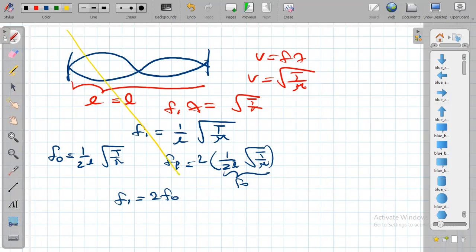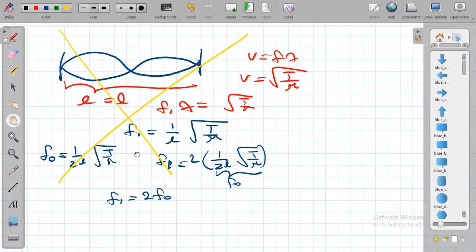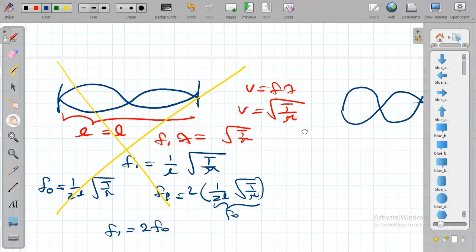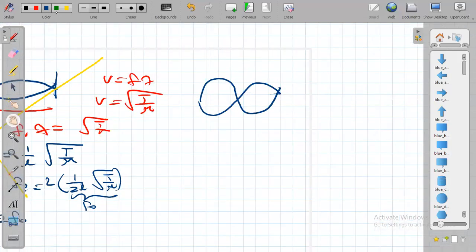But if you are really curious, write the next step as well: the second overtone, or the third harmonic. This is the first overtone, that is the second harmonic. The fundamental tone is the first harmonic.